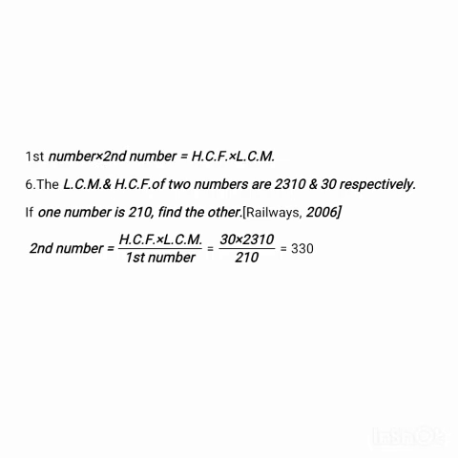From this we can write the corollary, that is second number equal to HCF into LCM by first number. Putting the values of HCF, LCM and first number in the respective places, we can find the second number, that is 30 x 2310 / 210 equal to 330.